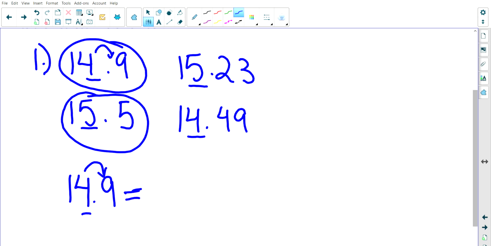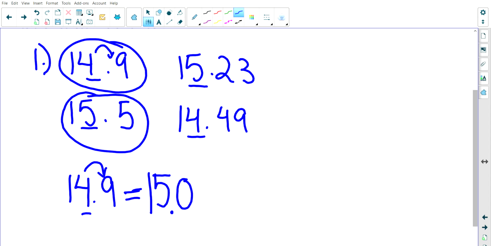We copy everything before the rounding digit, which would be the 1. Our 4 changes to a 5 because it's soaring up, and everything else behind the rounding digit turns into a 0. Now this is the part that is different for us with decimals. That 9 is going to turn into a 0. However, I need to keep my decimal point right where it was before so I don't change the overall value. So make sure you add that decimal point back in.